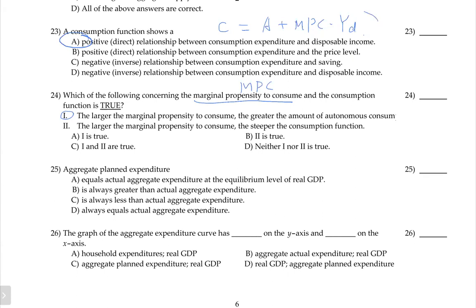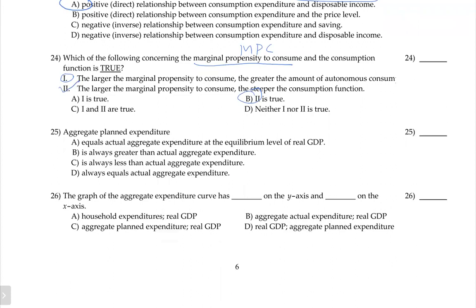So look here, autonomous consumption is independent of MPC. So that one is not correct. Option 2, the larger the MPC, the steeper the consumption function. MPC actually gives us the slope of the consumption function. So this one is correct. The answer is B. This is for 24.